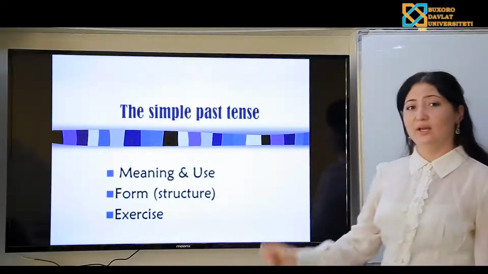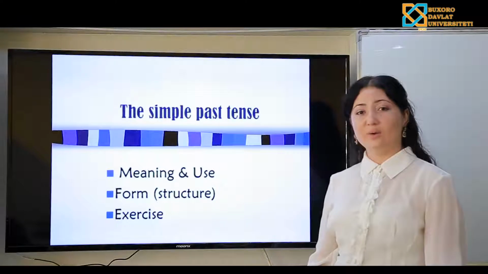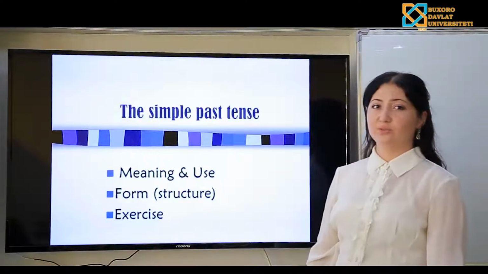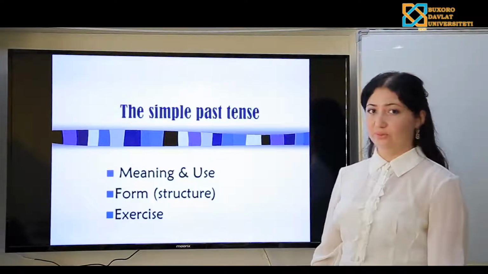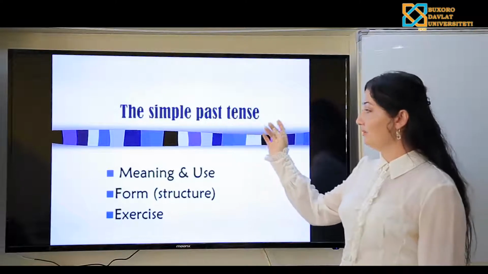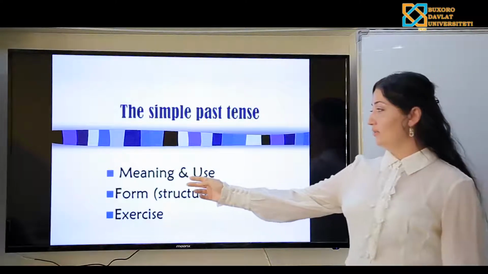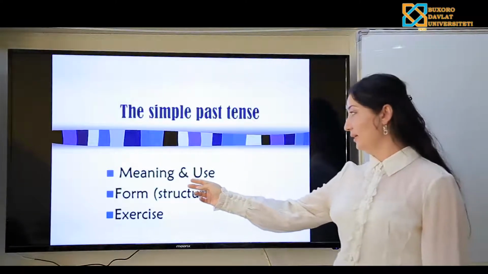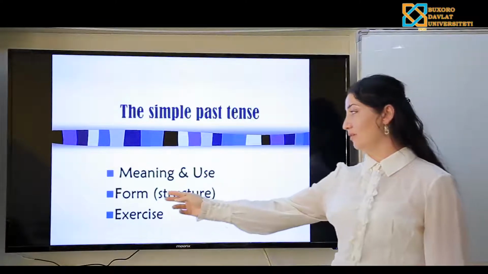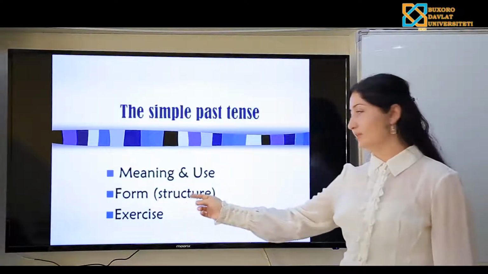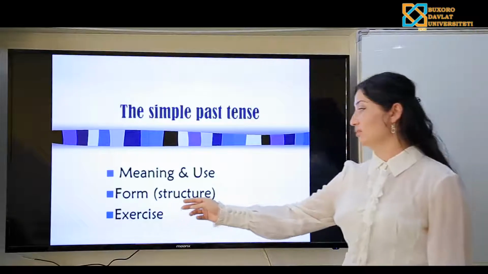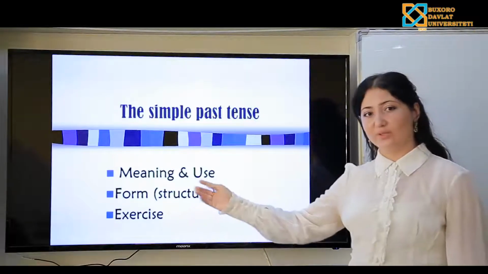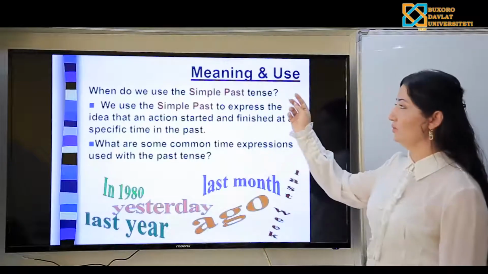First of all, starting our lesson, I would like to introduce you to the past simple tense. We will start from the meaning and use, then form, structure, and then we will do some exercises according to our theme. Meaning and use.